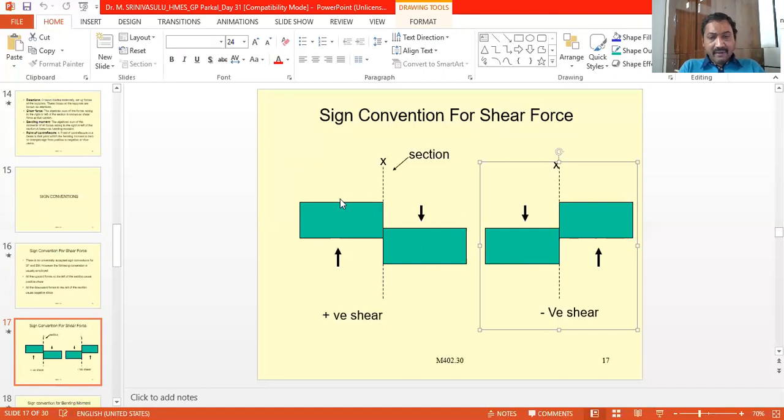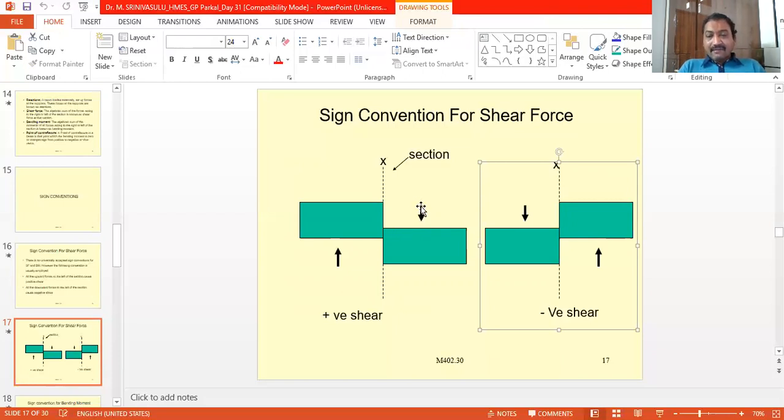And similarly, we can say if this is positive, what happens to the right is positive: to the right acting downward is positive, so to the left acting downward is negative.